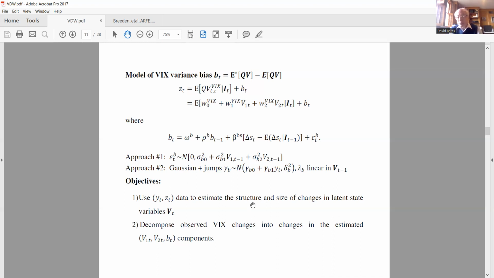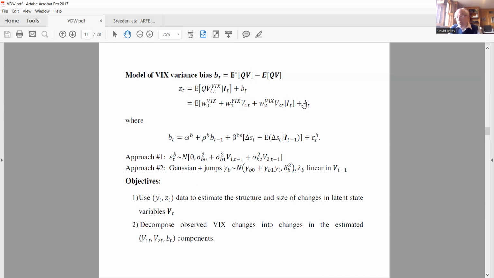So it's not just estimating what is the VIX process, it's this interaction, the fact that both of these variables, Y and Z, both depend on V1 and V2, are helping me to identify the V1 and V2, how they change, but also the biases, any biases that VIX might be making.